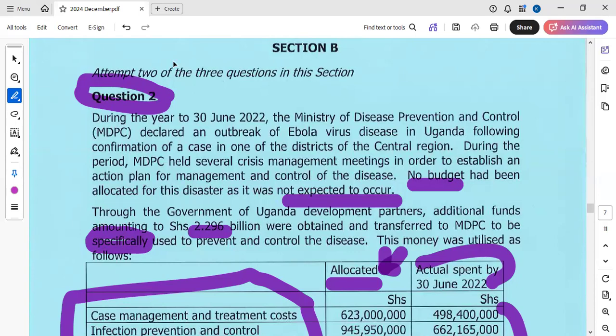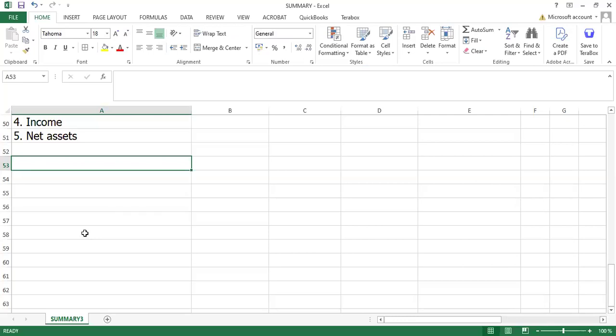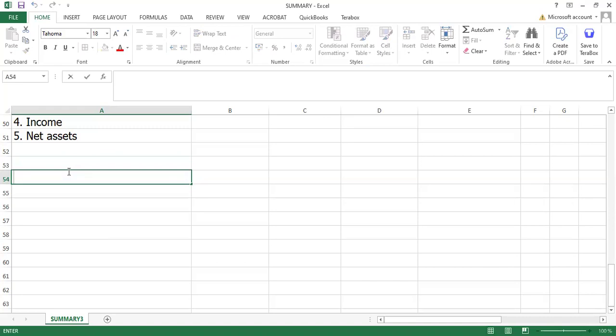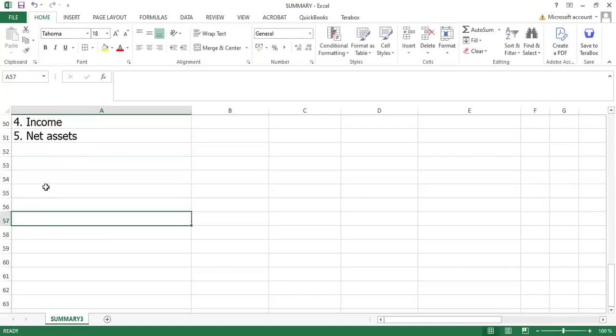All right. So what we can do, of course, in an exam, you're going to write something. Yes, there are 7 marks, but you're going to write something and talk about these standards.